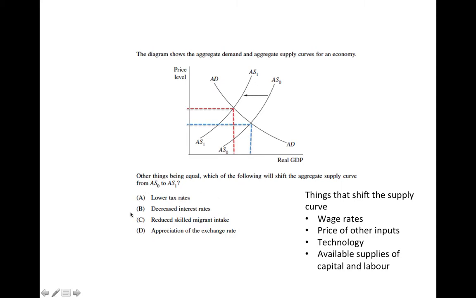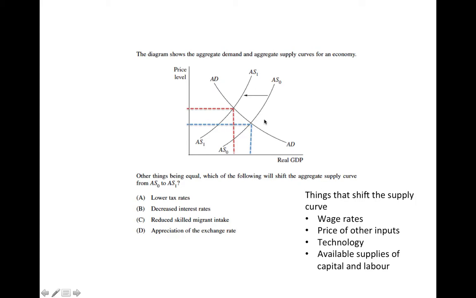the only answer that I can see that would lead to a shift in the supply curve is the reduced skilled migrant intake. If we're not bringing in skilled migrants on 457 visas, there's less workers to produce output. So therefore real GDP moves.